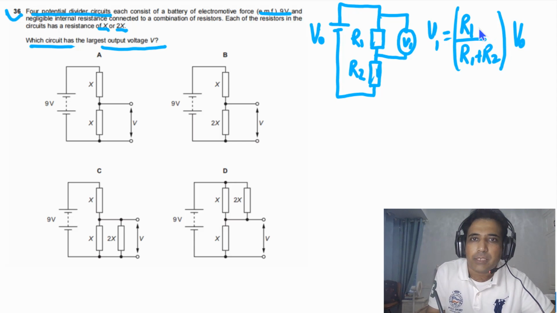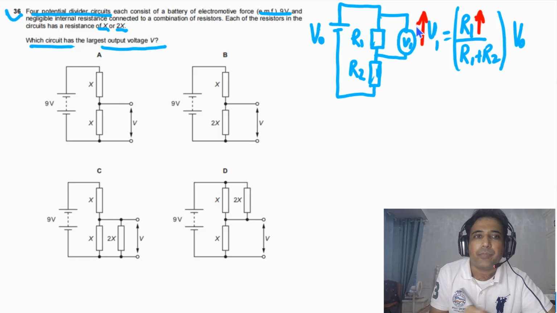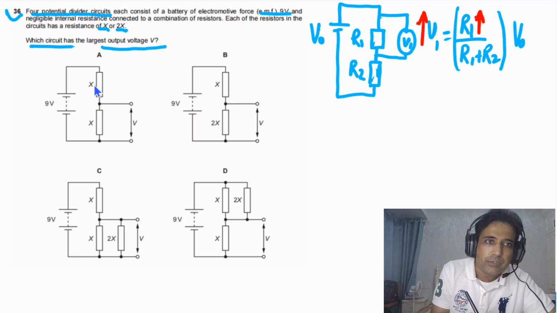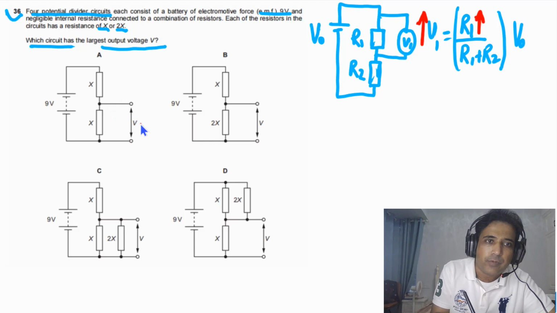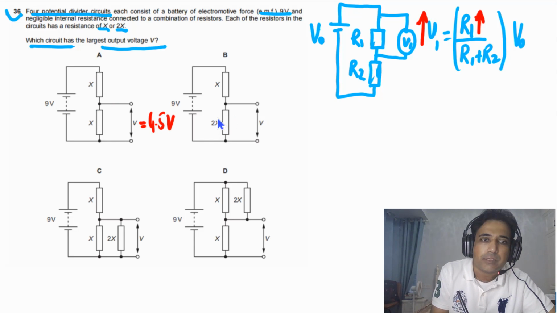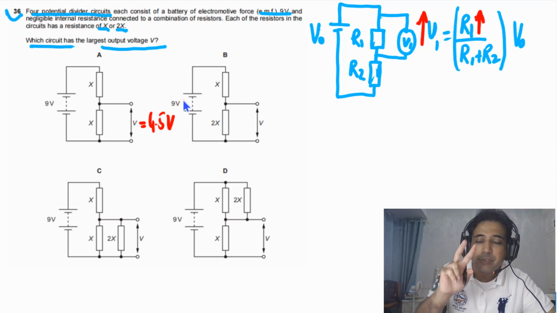In this case, if R1 is big, it means V1 will be greater. The same principle we have to use. In this case we have X here, so it means R divided by 2R, so this value will be half, the same PD across this one and across this one, so this value will be 4.5 volts. And in this case we have 2X and this is X, so this PD will be divided into 3 parts.